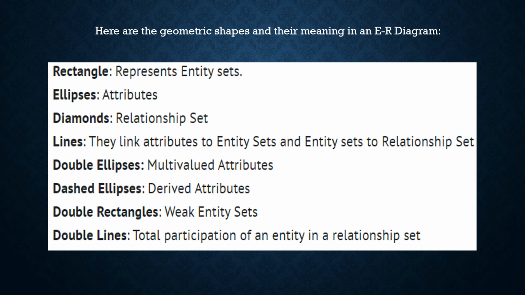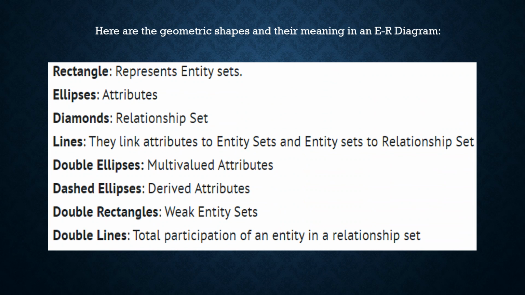Next, a dashed ellipse indicates derived attributes. Next, a double rectangle indicates weak entity sets, and double lines indicate total participation of an entity in a relationship set.